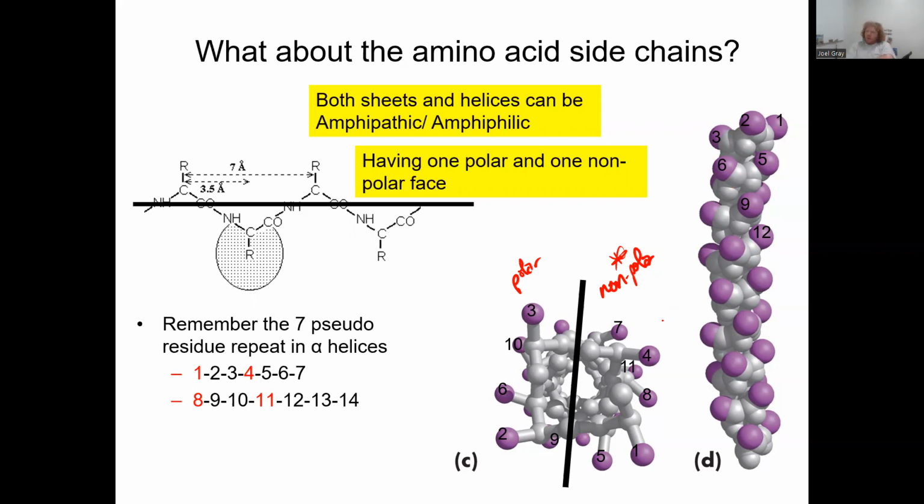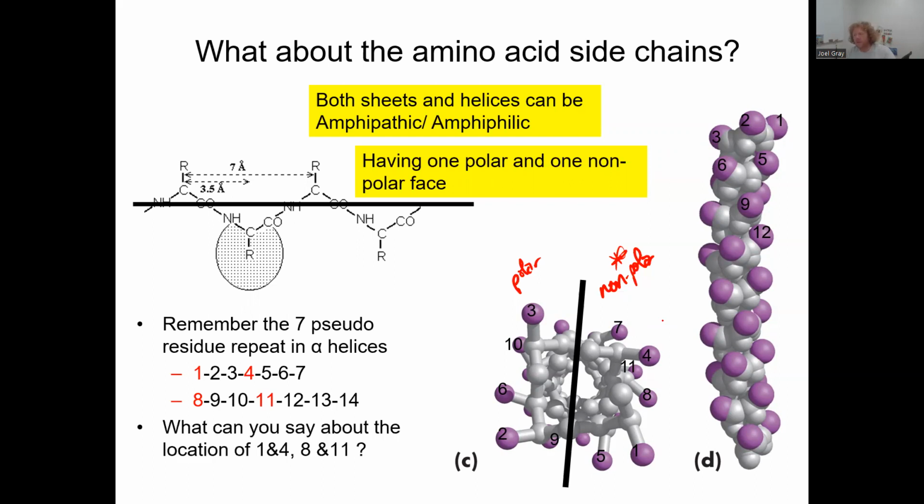So when it comes to the organization of an alpha helix, it is important to know, when we're talking about the helical wheel, amino acid 1 is in this position, amino acid 2 is in this position, 3 is in this, 4 is in this, 5 is in this, 6 is in this, 7 is this, 8 is this, 9 is this. That is important because it gives you an idea of what side of this helix this amino acid R group is going to be found.